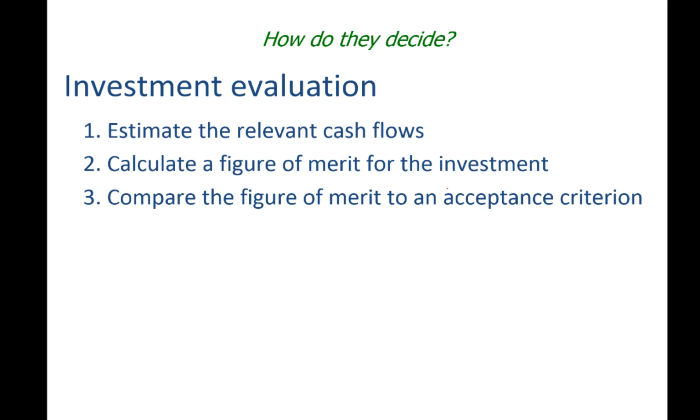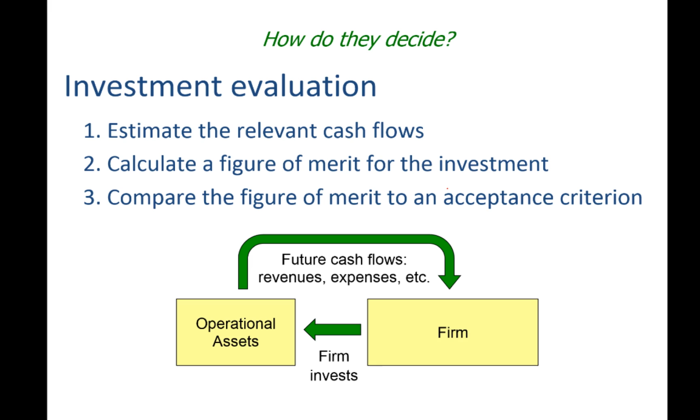Once we've estimated all of the cash flows, we calculate what's called a figure of merit to come up with a value of the particular investment overall. And then we compare that figure of merit or that value with some kind of an acceptance criterion. So if we look at this part of the larger diagram we saw earlier, the key to evaluating an investment is by starting by looking at all of these cash flows here and turning that into some kind of a figure of merit.